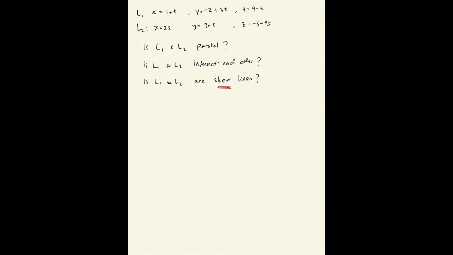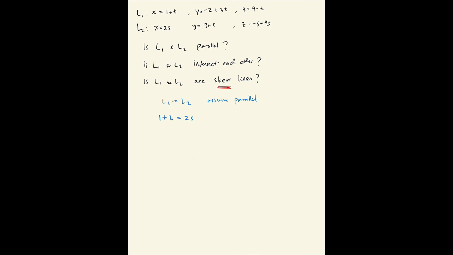How do we know these lines are parallel? Just equate line 1 and line 2 and then solve T and S like linear equations. Use substitution, right? So line 1 should equal line 2, assuming it's parallel. So 1 plus T is 2S.